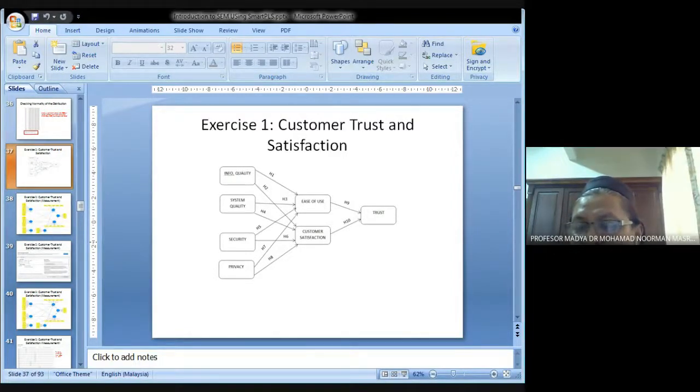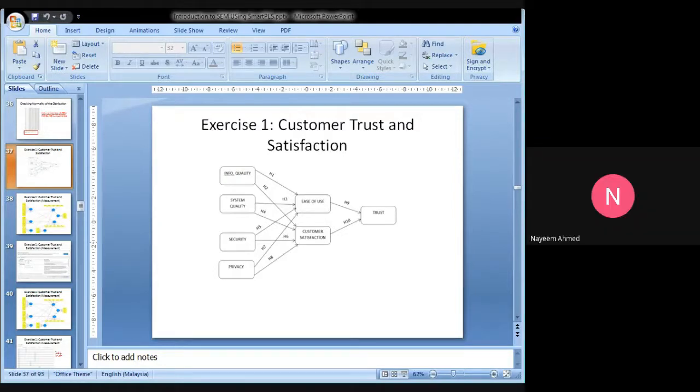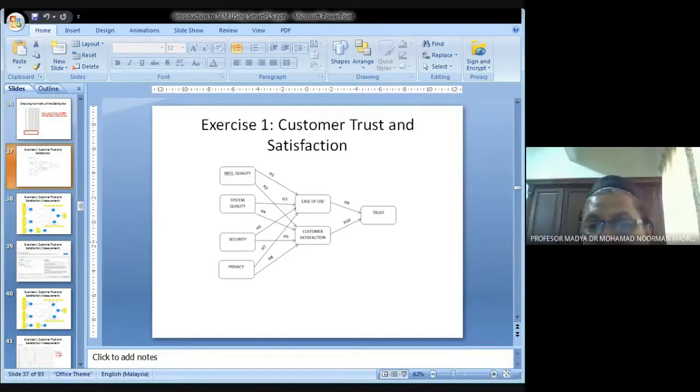Okay, Naim, please respond to me. Can you see my slide on the screen? Yes, doctor. Please tell me, you don't have to write, how do you write the research objective number 3?